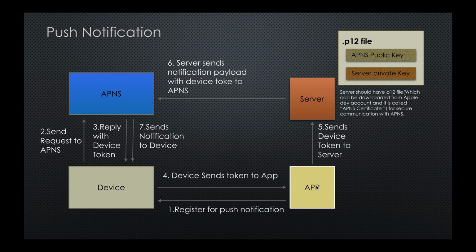Then your application sends the device token to your server. Your server must have the P12 file to confirm the device token and send the push notification payload to the APNS server. And once the APNS server receives the payload, it sends the notification to the device. As simple as it is.